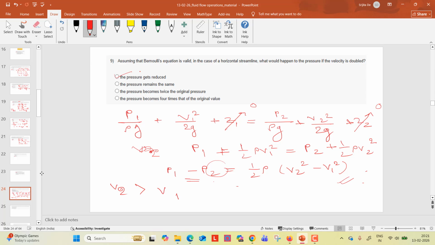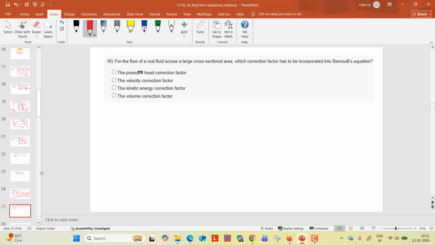Next. For the flow of a real fluid across a large cross-sectional area, which correction factor has to be incorporated into Bernoulli's equation?